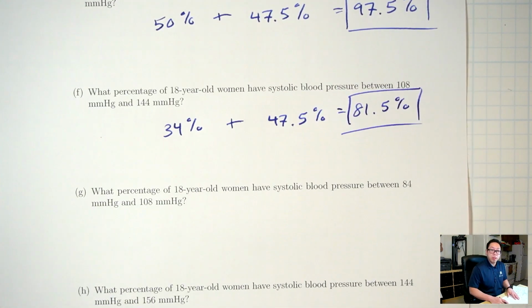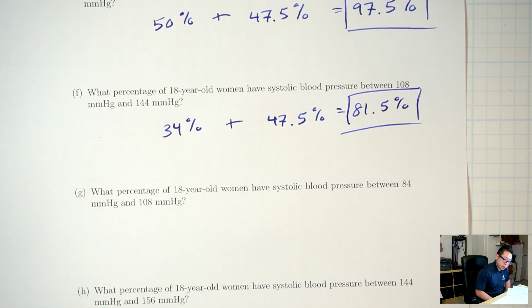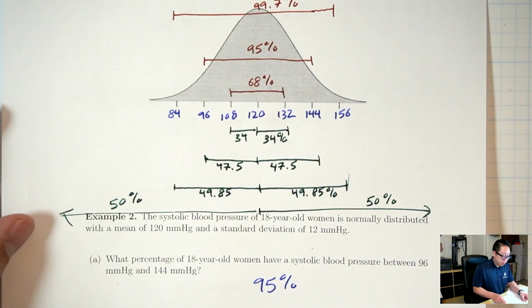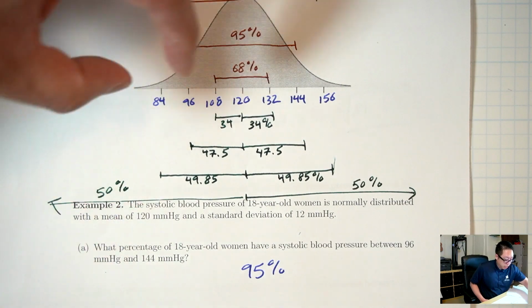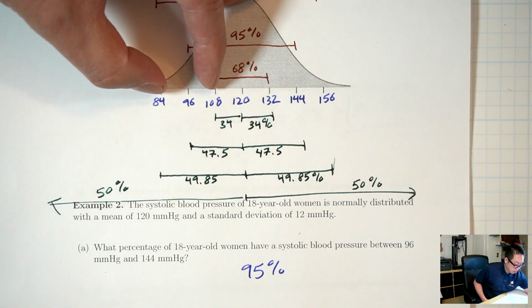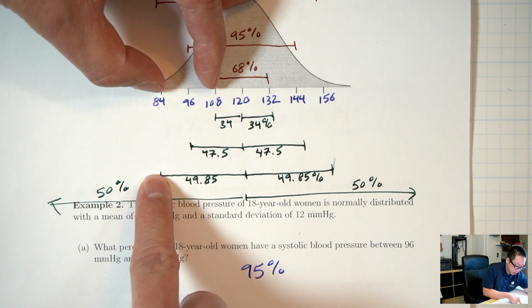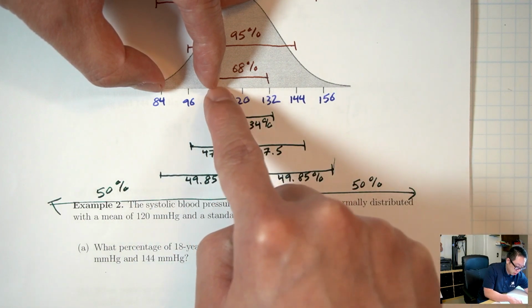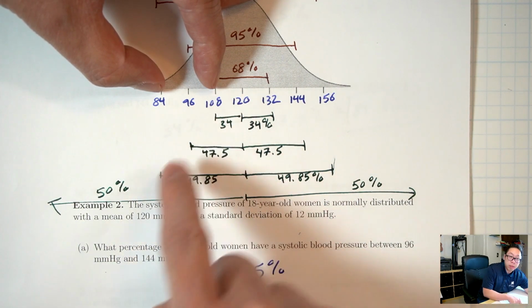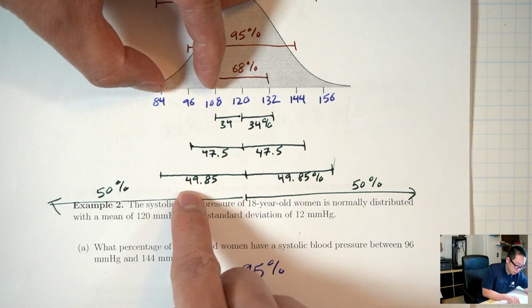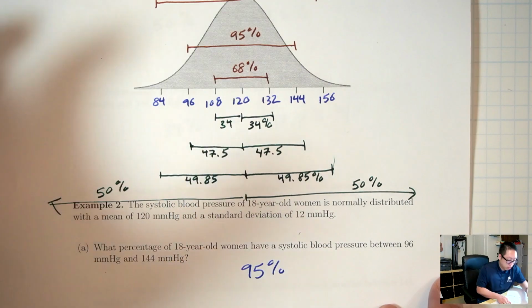Part G. What percentage of 18-year-old women have blood pressure between 84 and 108? 84, 108. My left side is on the 49.85. My right side is on the 34. So I know it involves a 49.85 and a 34. So let me write those down.